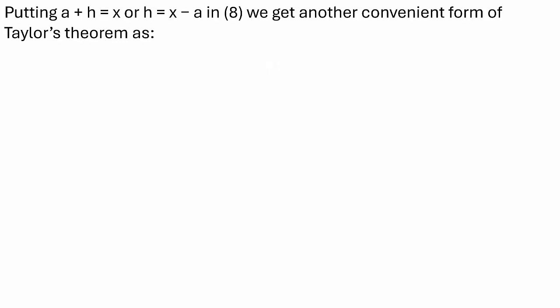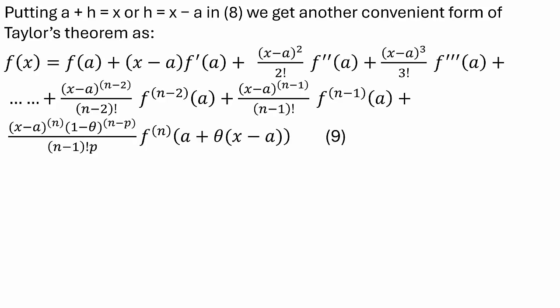Putting a plus h equal to x, that is, h equal to x minus a in 8, that is in Taylor's theorem, we obtain another form of Taylor's theorem as f(x) equal to f of a plus x minus a f dash a plus x minus a whole square by factorial 2 f double dash a plus x minus a cube by factorial 3 f triple dash a plus so on, x minus a raised to n minus 1 divided by n minus 1 factorial f^(n-1) a plus x minus a raised to n 1 minus theta raised to n minus p divided by n minus 1 factorial into p f^n a plus theta into x minus a.